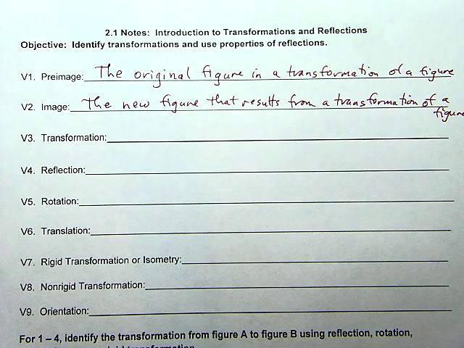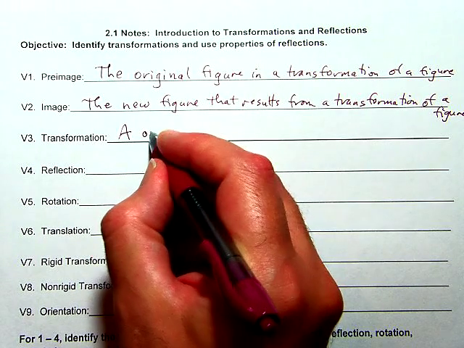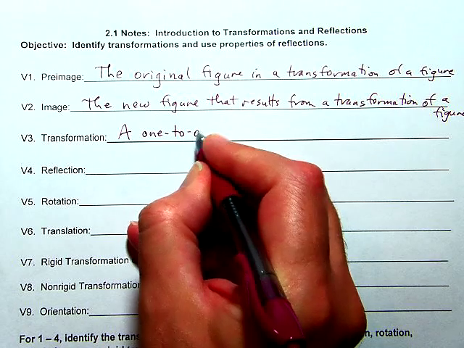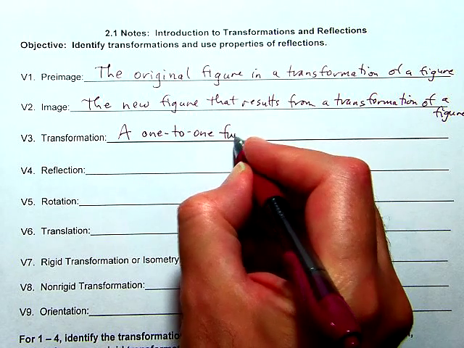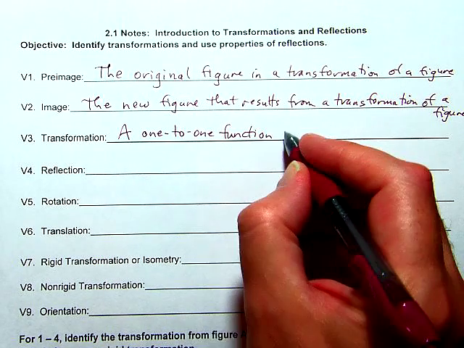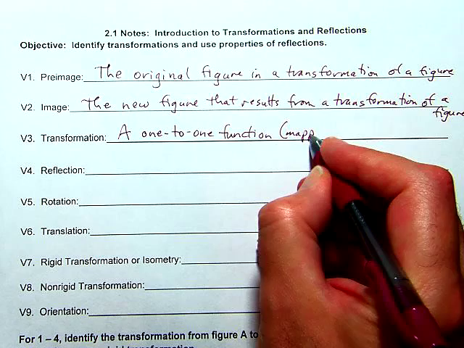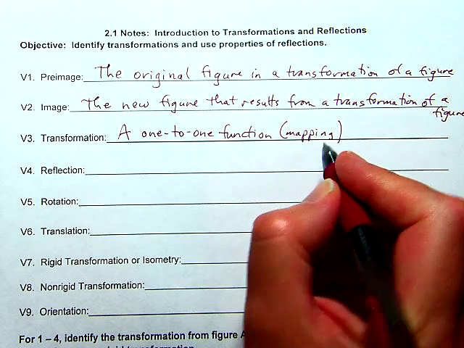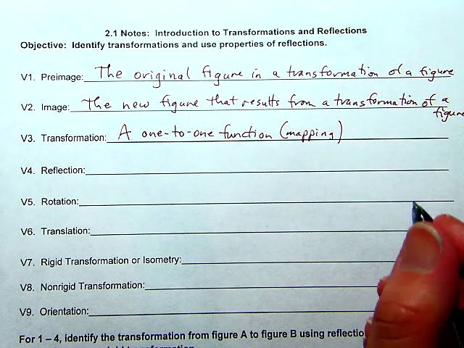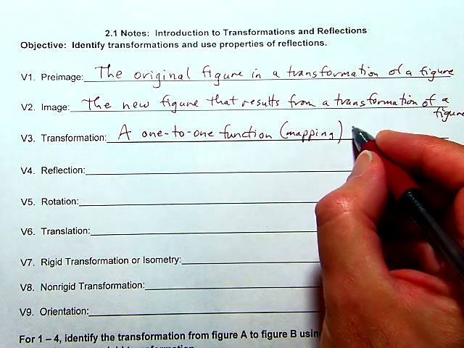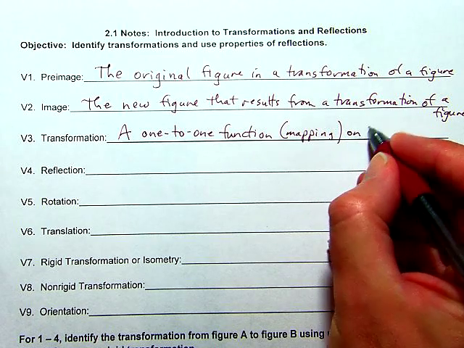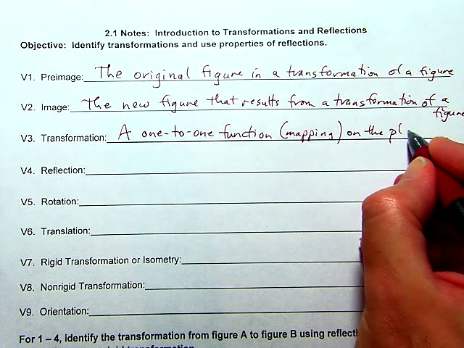And a transformation is a one-to-one function, which can also be called a mapping on the plane.